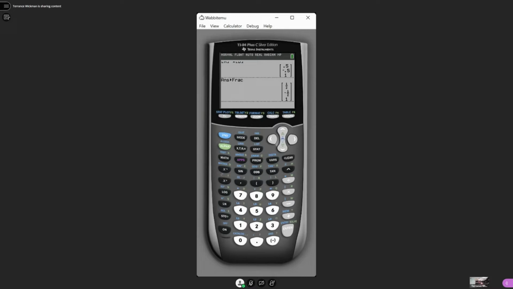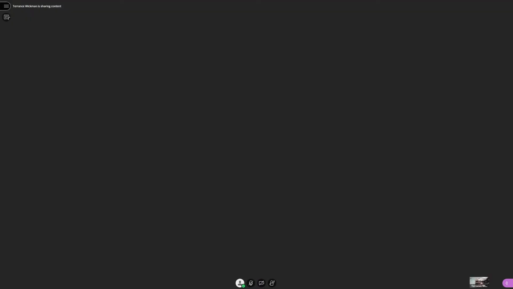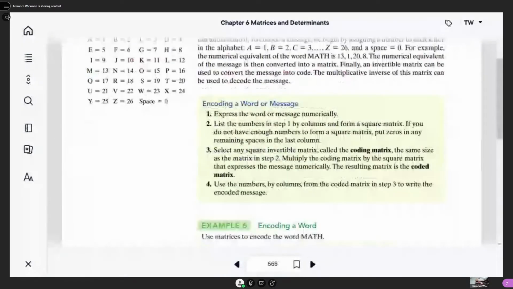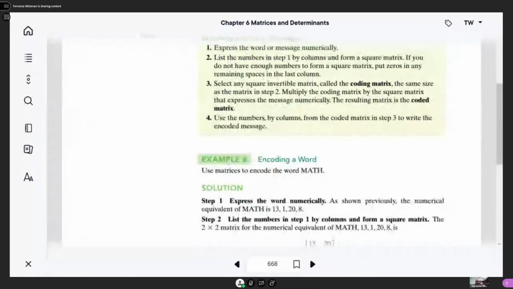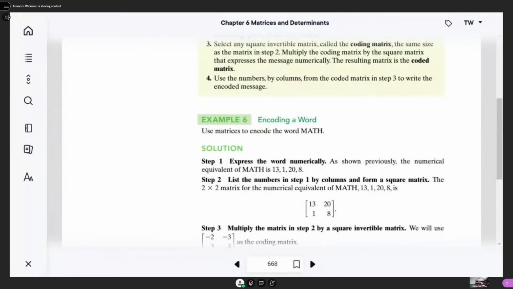Now, we'll do one other problem. It's actually a two-part problem. So let's say we encode a word, math. We use the alphabet, so with A being 1 and so on, this is 13, 1, 20, and 8.